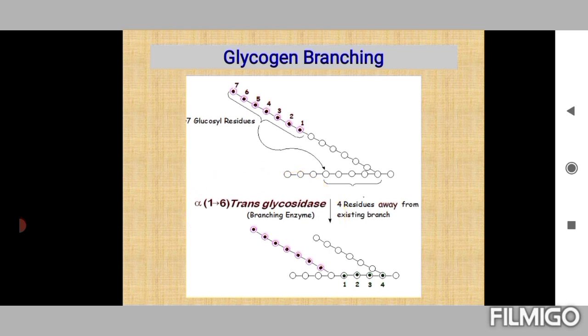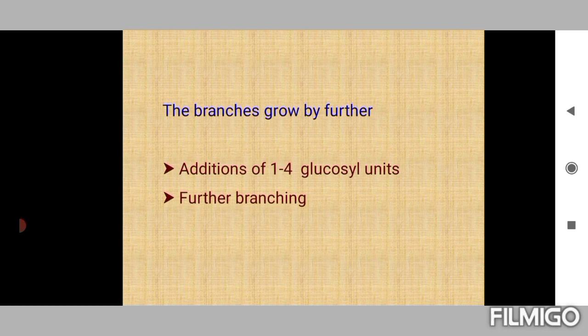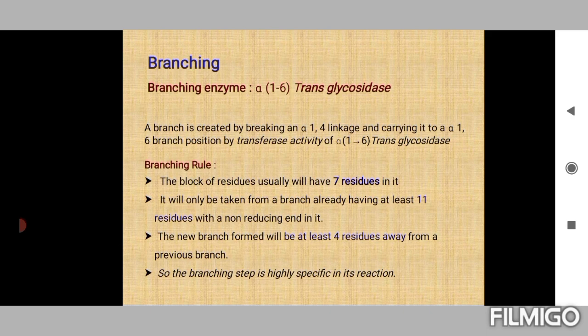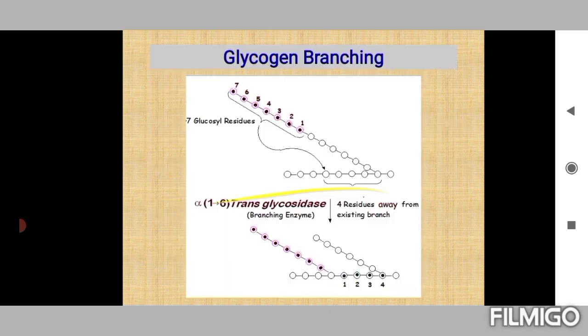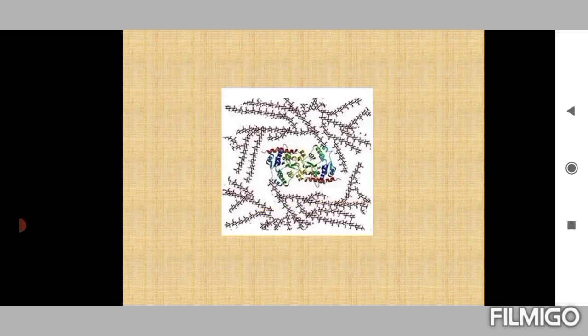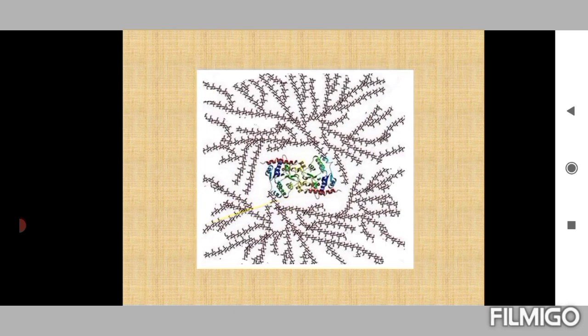This is done by alpha 1,6 transglycosidase. Now further extension of these chains can be done by glycogen synthase. The branches grow further by addition of alpha 1,4 glycosyl units, and further branching can be done by our branching enzyme, alpha 1,6 transglycosidase. And the glycogen molecule thus branches further and further.